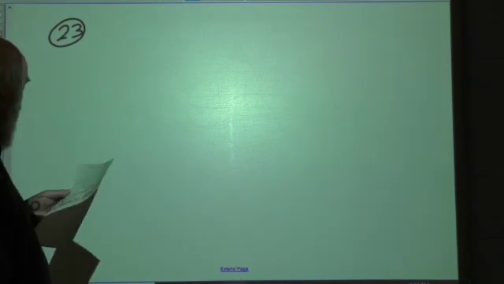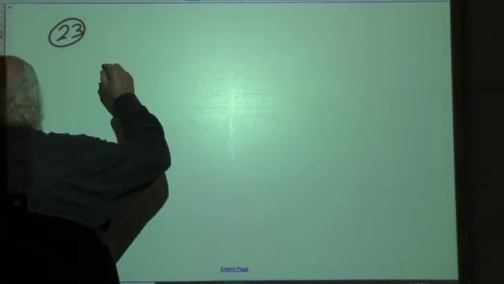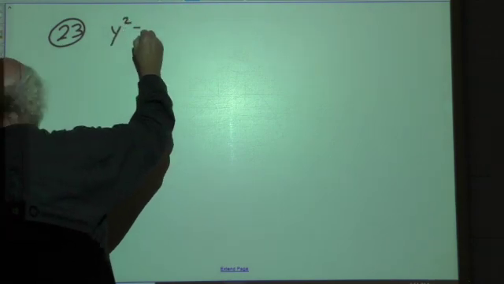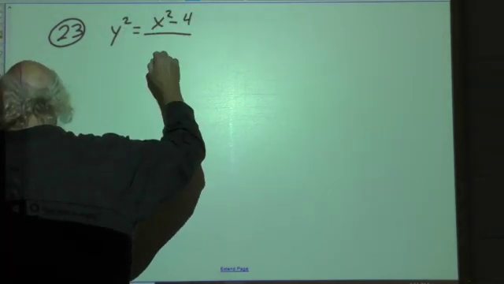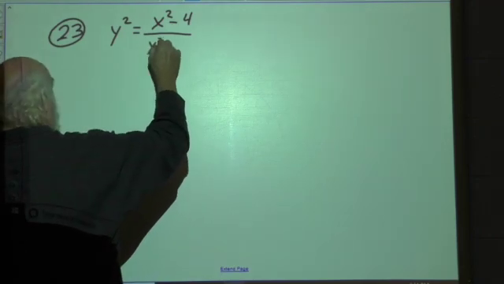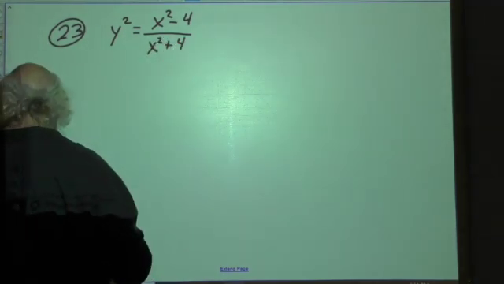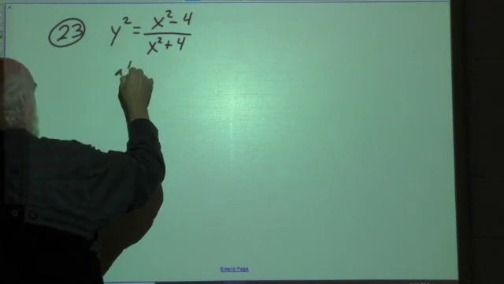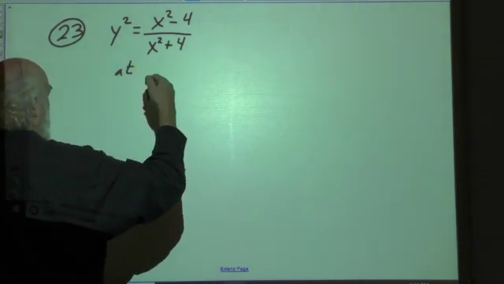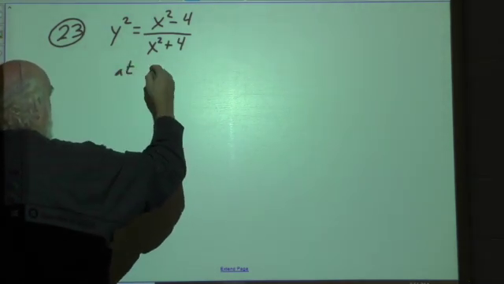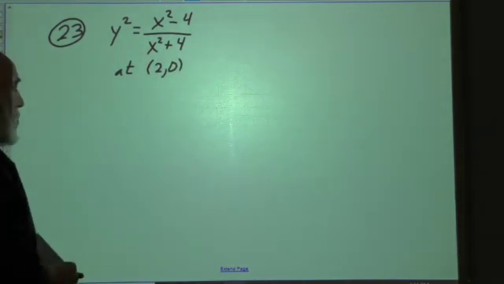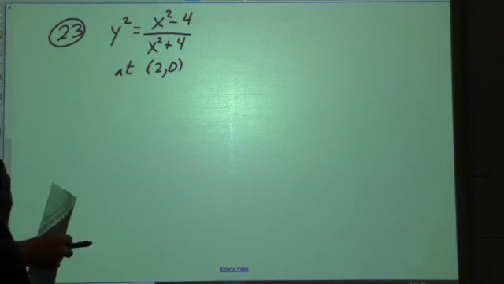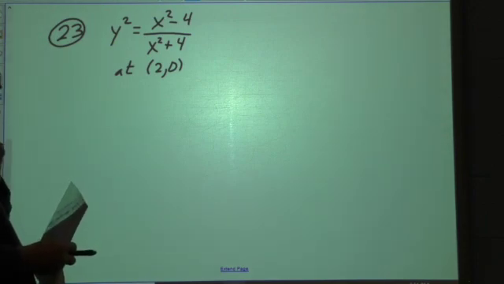Number 23. Good. All right, so for this one, y squared equals x squared minus 4 over x squared plus 4, and the point at which they want us to find the derivative, or the slope rather, is (2, 0). Okay?